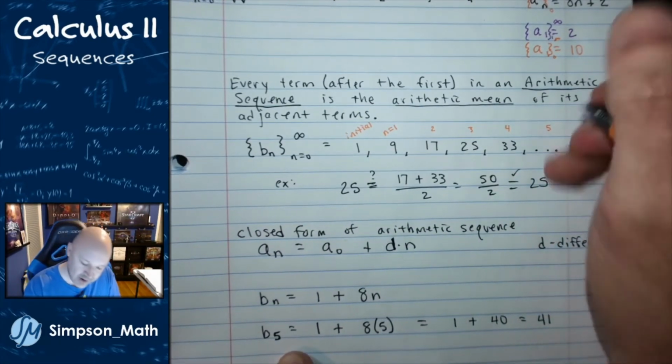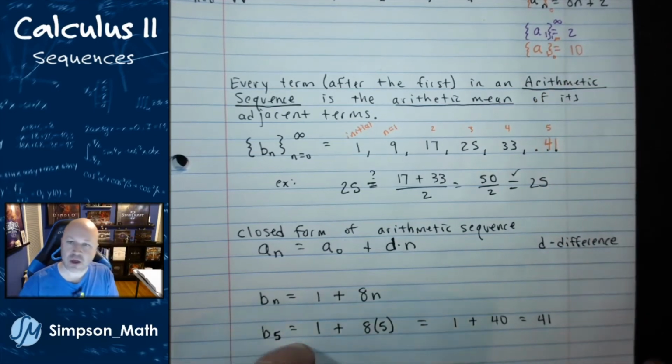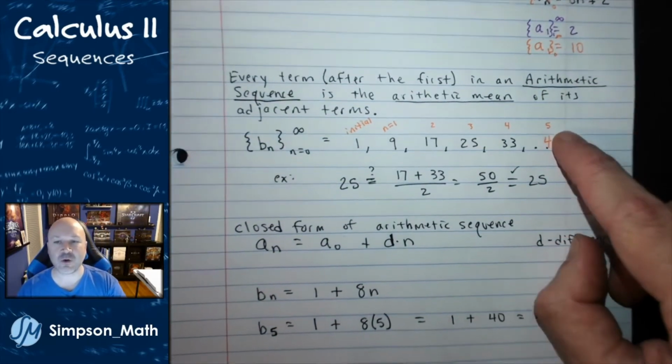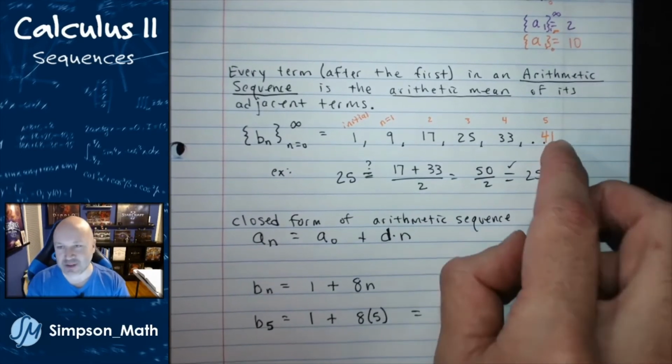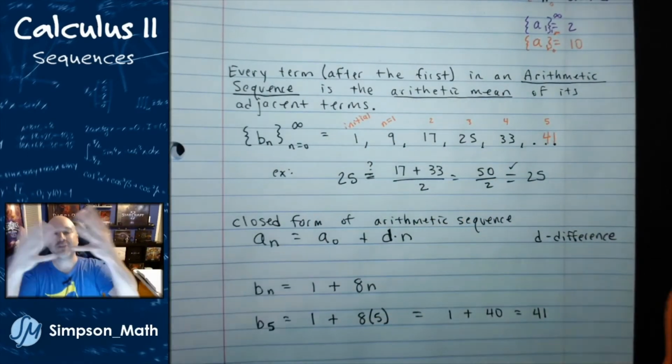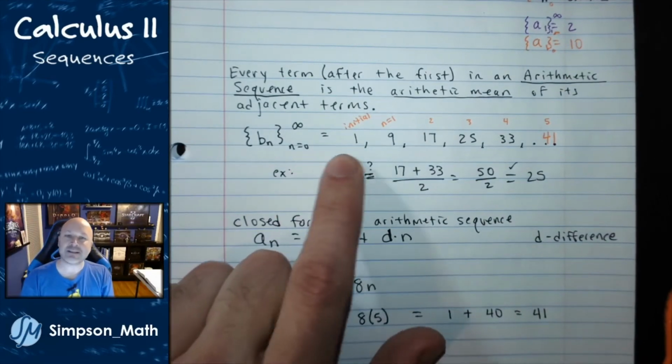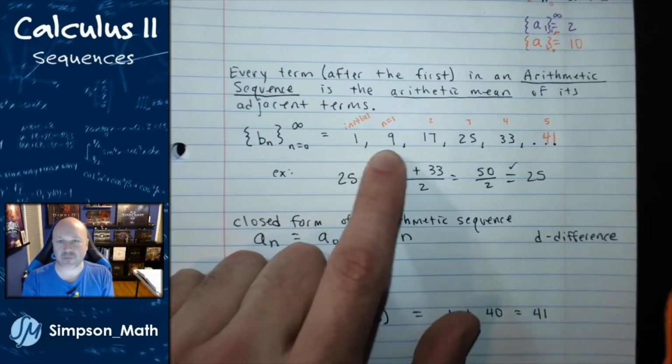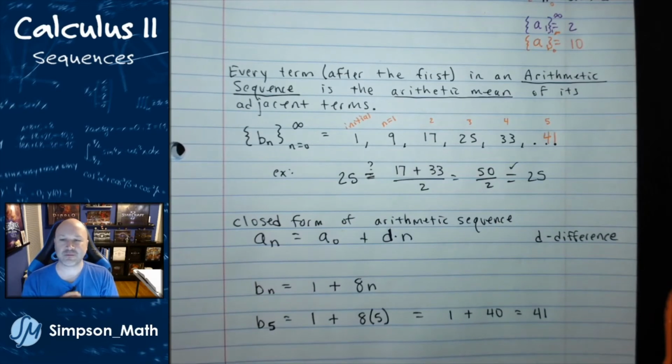I'm going to have 41 next in my sequence. But notice it's not what we have been calling the fifth term in the sequence, because I got 1, 2, 3, 4, 5 numbers before it. That's because we pushed everything back. n now starts at 0. 1, 2, 3, 4, 5. Okay, I hope that made some sense.